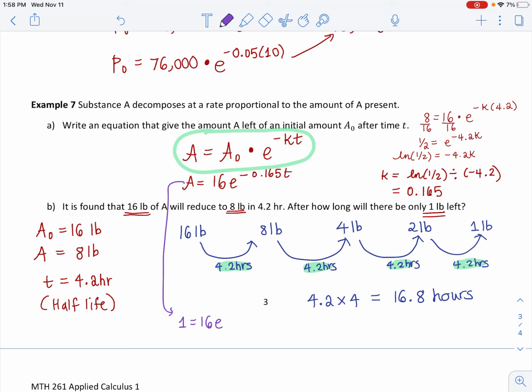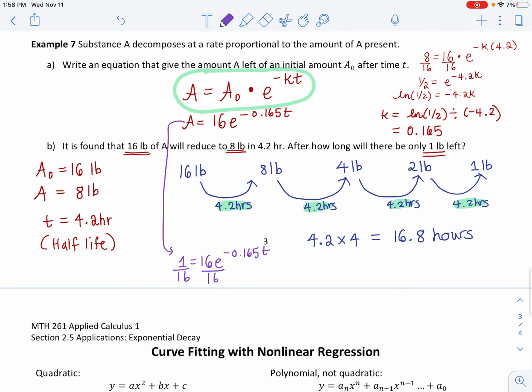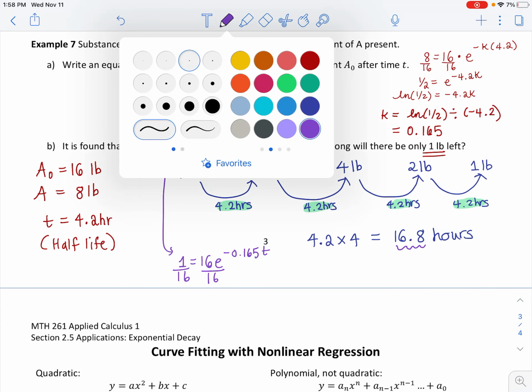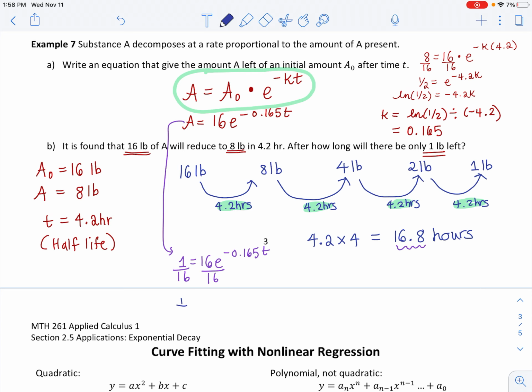This is super fun. 1 equals 16 times e to the negative 0.165t. Divide both sides by 16. This is the mathy way of solving this equation, but we already know the answer should be this, right? Let's continue though. 1/16 is equal to e to the negative 0.165t. Take natural log of both sides.